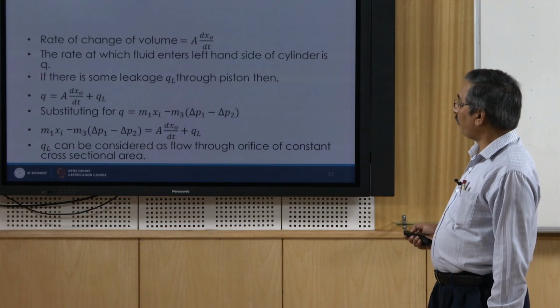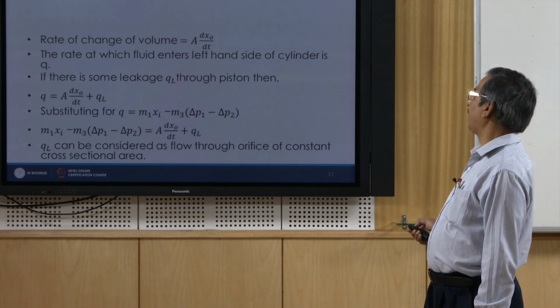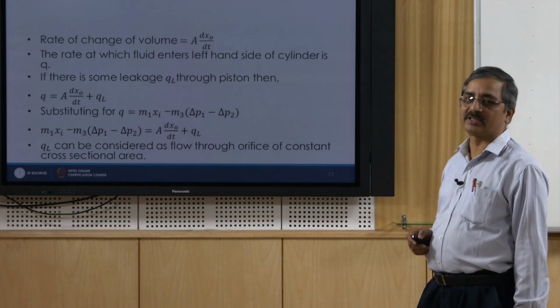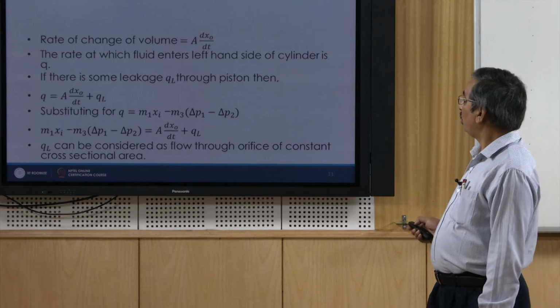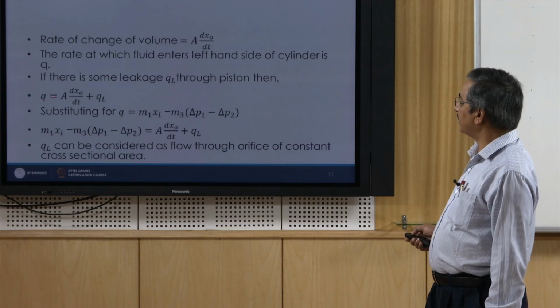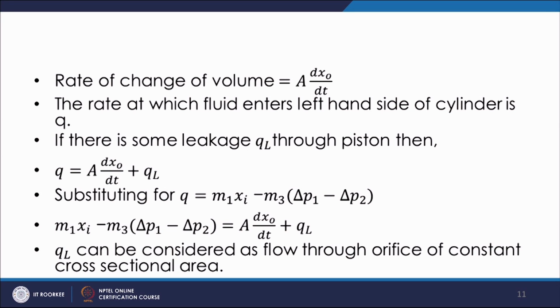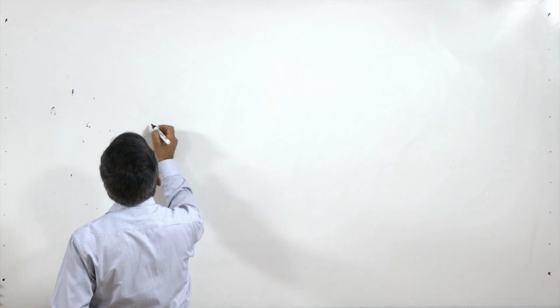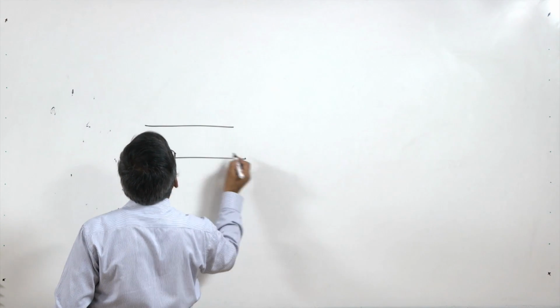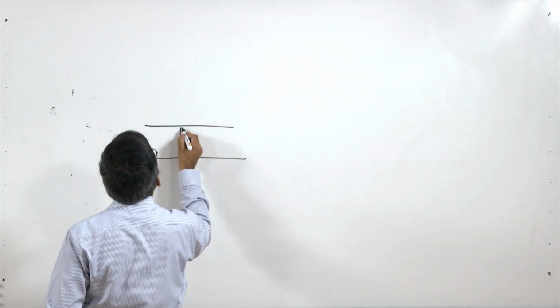Suppose there is some leakage QL through the piston. In that case Q will be A dx0 by dt plus a term QL. QL is the flow which takes place from here, between the cylinder and the piston.